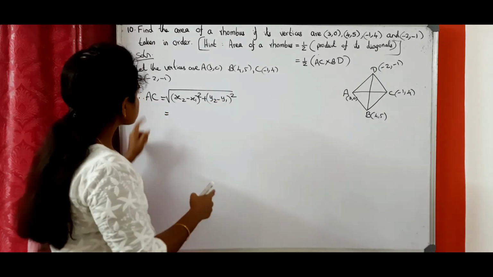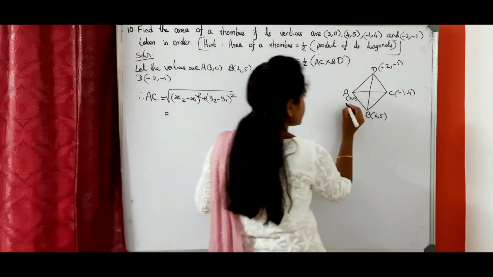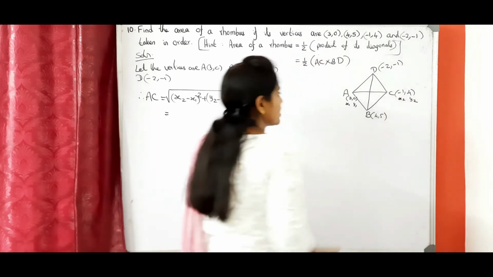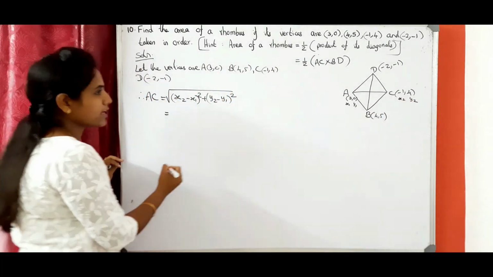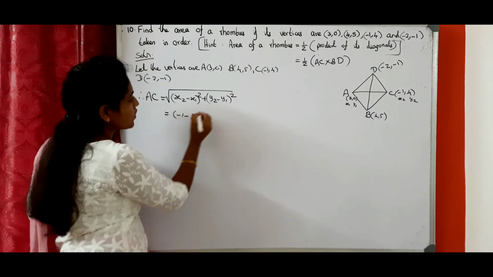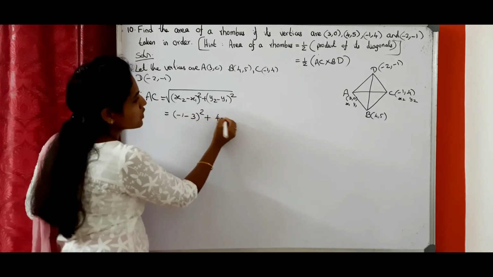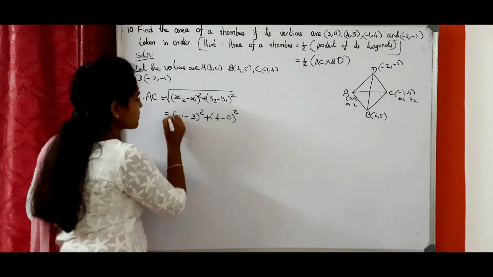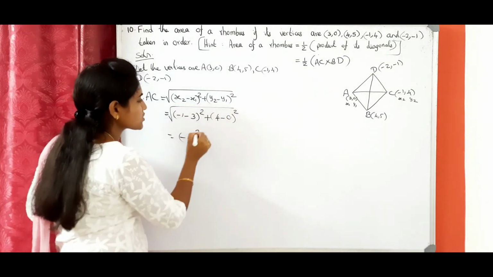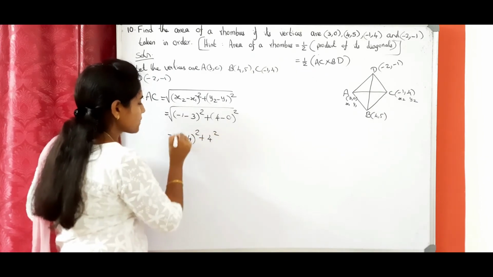For AC, this is x1, this is y1, and this is x2, this is y2. Apply the values: (minus 1 minus 3) the whole square plus (4 minus 0) the whole square. Minus 1 minus 3 is minus 4, the whole square, plus 4 square.